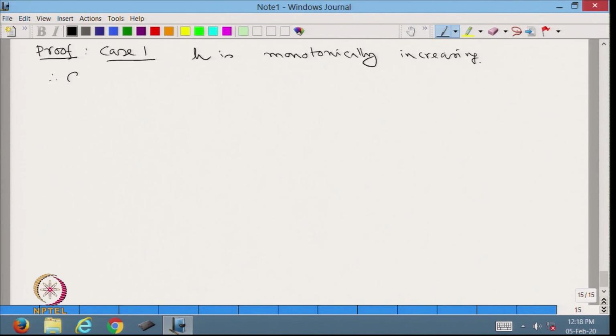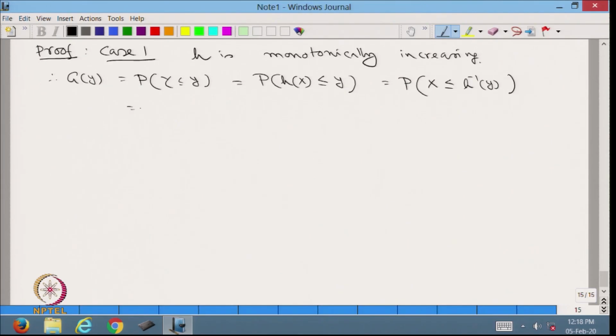Therefore, g of y is equal to probability Y less than or equal to y, which is equal to probability h of X less than or equal to y, which is equal to probability X less than or equal to h inverse y, which is equal to F at h inverse y.